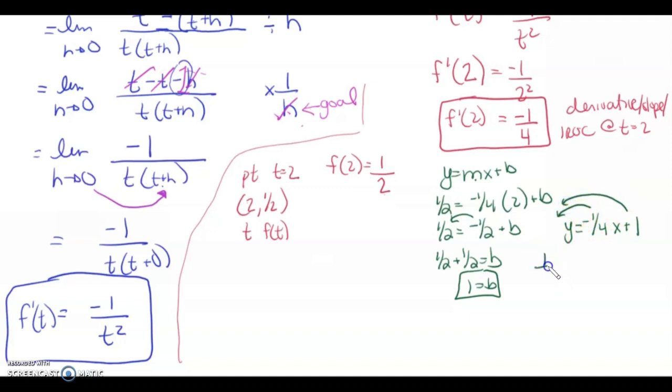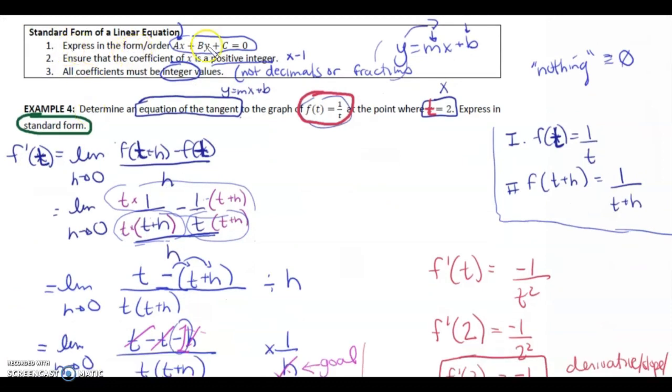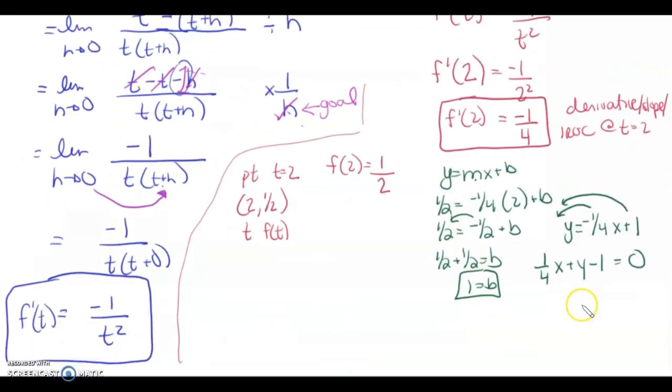So I get 1 over 4x plus y minus 1 equals 0. So we've already satisfied the first two points here, expressed in this form, and then the coefficient of x has to be a positive integer.